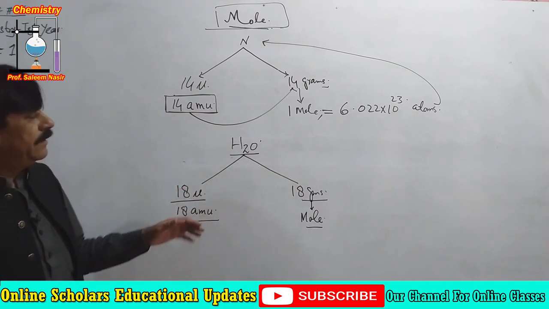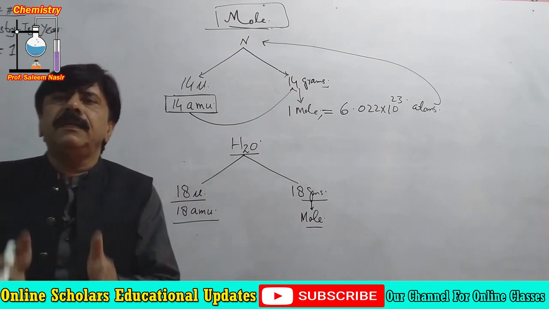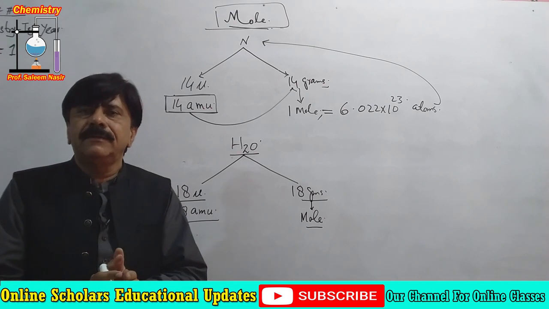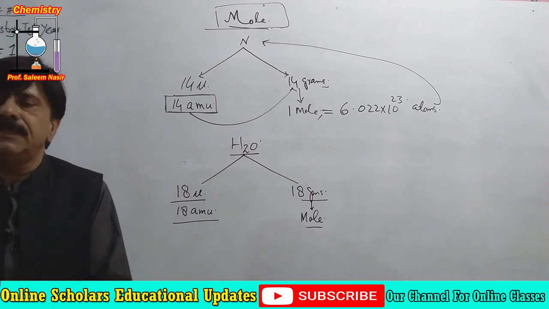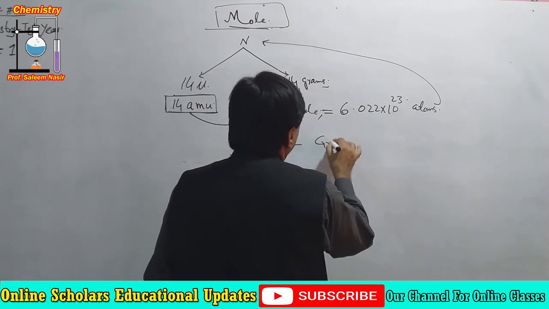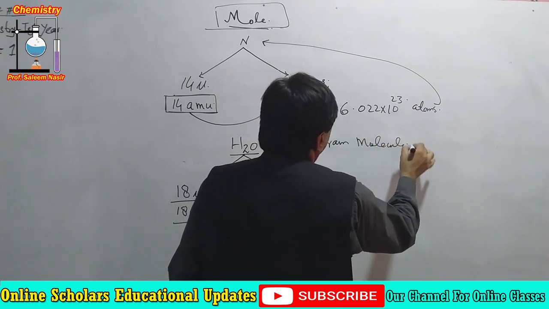So we can say that when the molecular mass is taken in grams, then it is called the mole, and that mole of the molecules is representing the gram molecule. That is called the gram molecule.